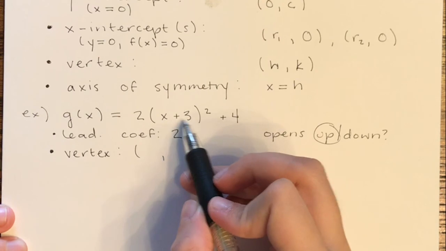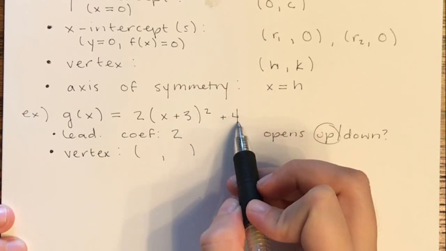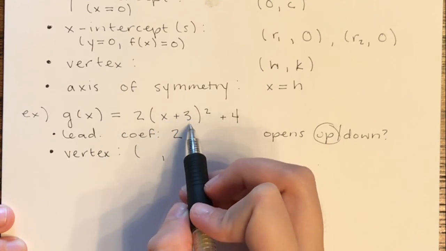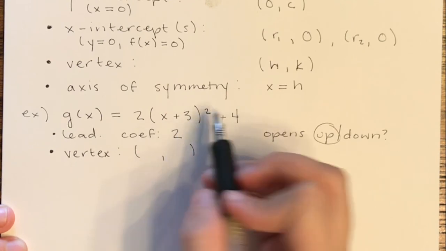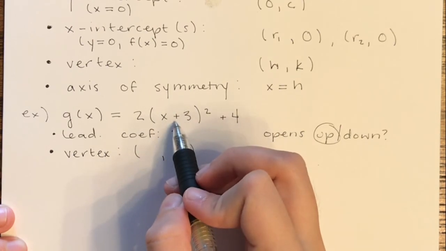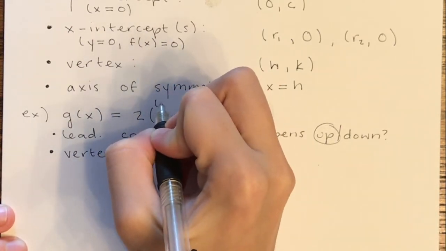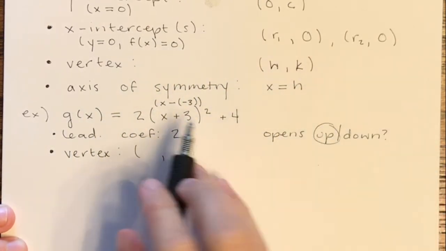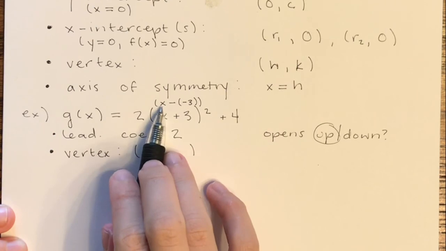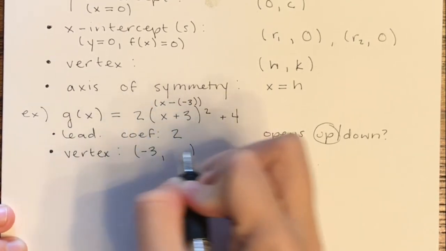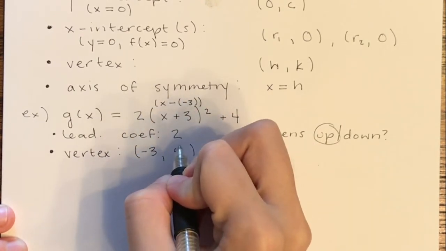Remember, our form is a times (x minus h) squared plus k. Here, h is the x value of the vertex and k is the y value of the vertex. So remember, our form is minus h, so we kind of have to flip the sign here, right? In this case, x is subtracting negative 3 to make it positive. So this is negative 3, we have to flip the sign, and then positive 4.